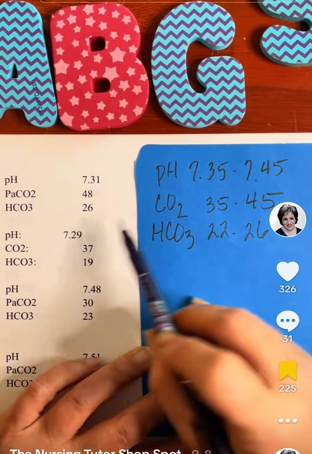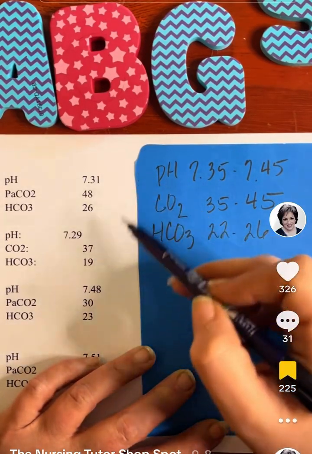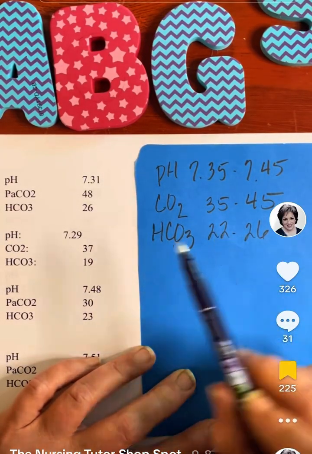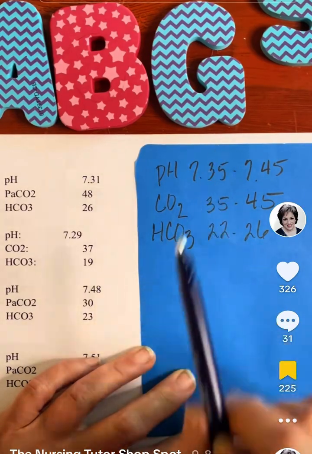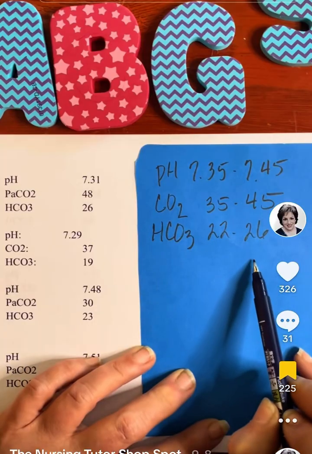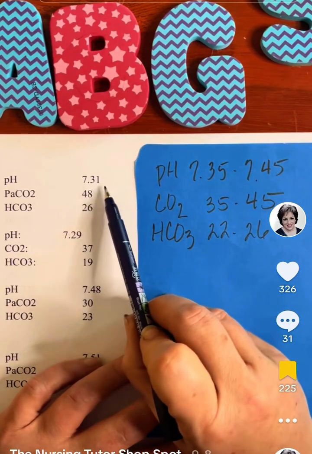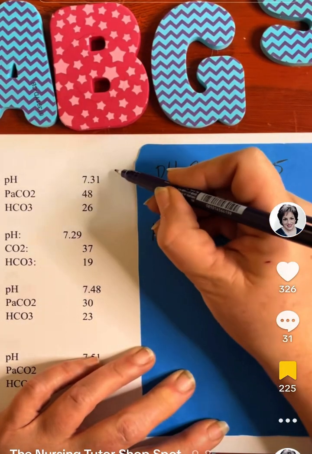Okay, so when I'm looking at an ABG, all I'm going to do is put arrows up and down. If it's high, I'm going to do an arrow up. If it's low, compared to these numbers that I know right here, all I'm doing is putting arrows up or down, okay? So a pH of 7.31, that's low.